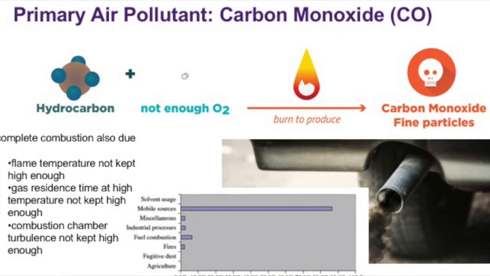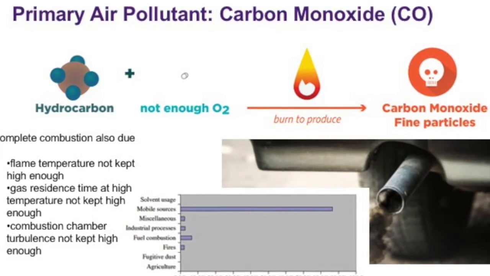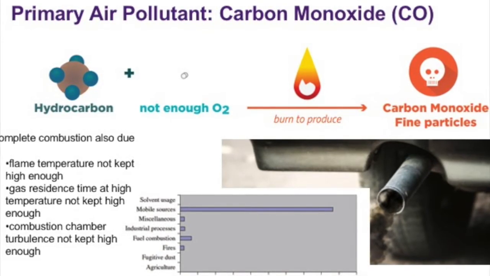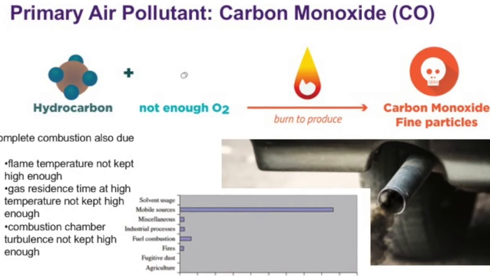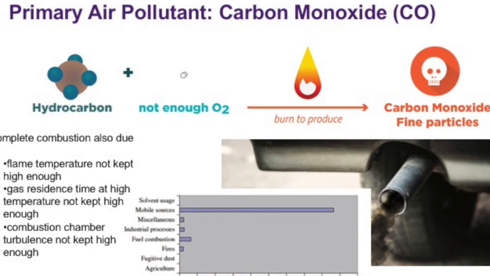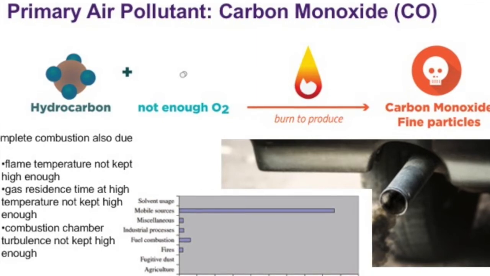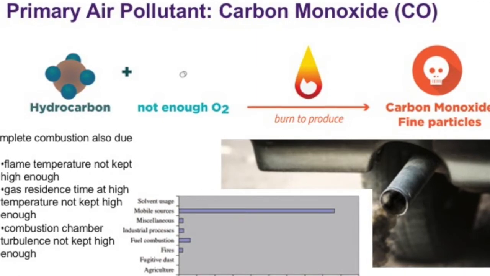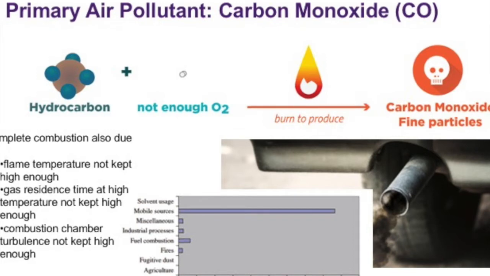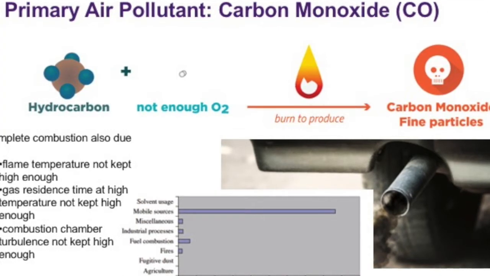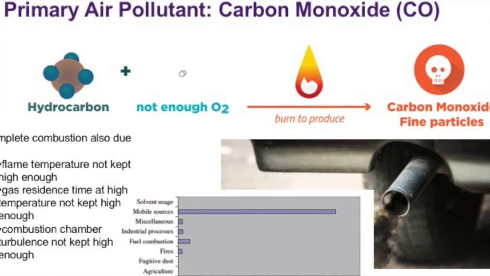It is worth mentioning that the emission of carbon monoxide has greatly decreased thanks to the improvement of these engines, and now the only problem that we're facing is, of course, the complete oxidation, which results in the generation of carbon dioxide, which is the main anthropogenic greenhouse gas, causing global warming.